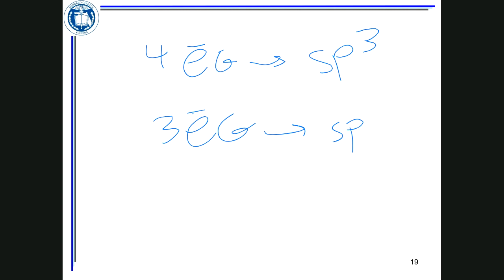And where do you find the electron groups? It is going to be around the central atom. So you're counting how many electron groups are attached to carbon. If you have 2 electron groups, the hybridization is going to be sp. Also write this down somewhere, because now I'm going to use examples to determine hybridization.